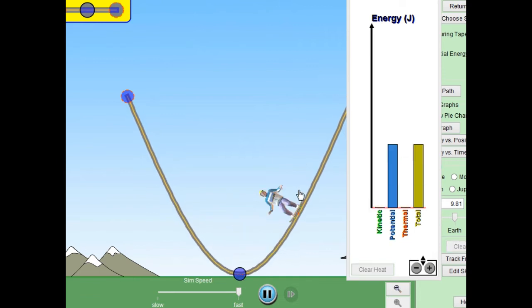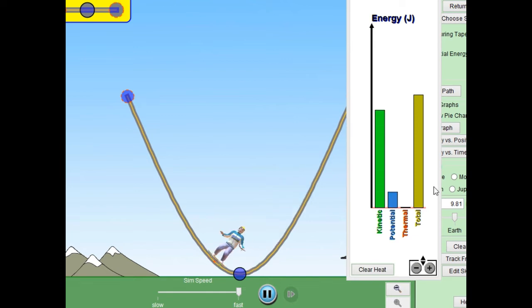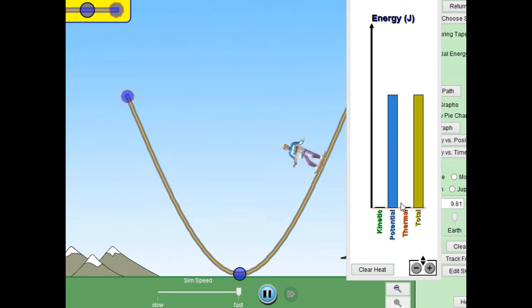I will move it again. Okay, kinetic energy 0, potential is maximum. Potential 0, kinetic is maximum. But whenever we add these two energies, we get a constant total energy.